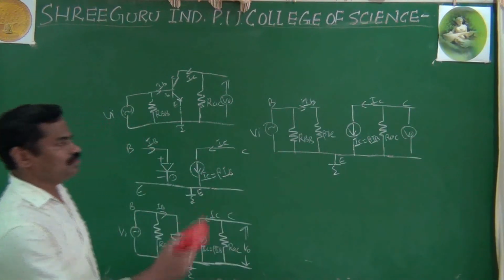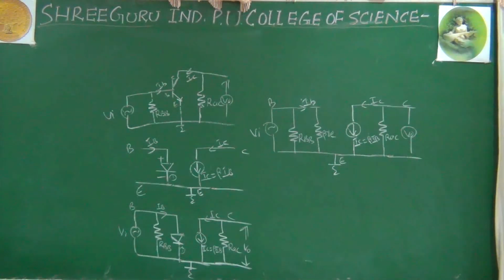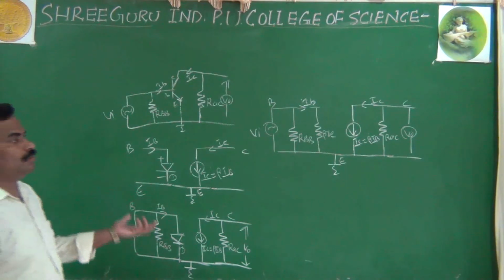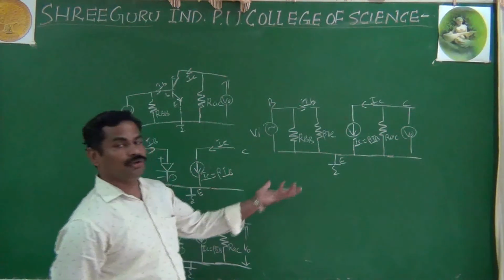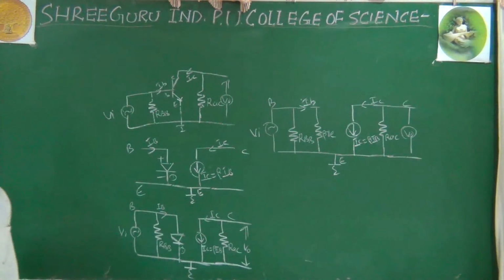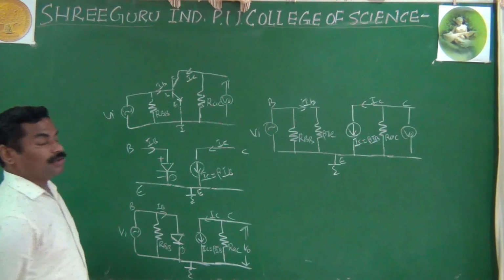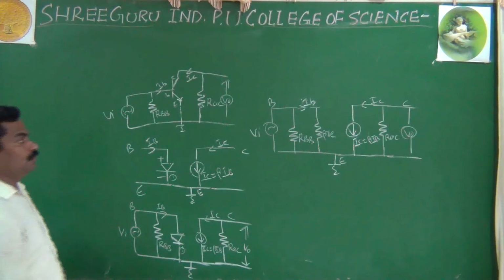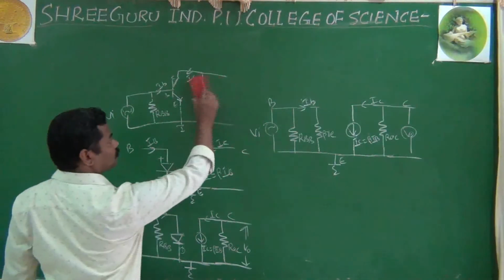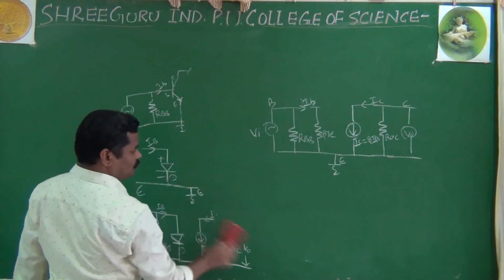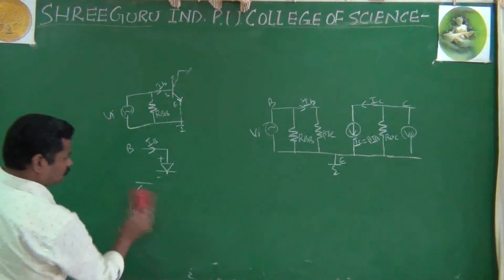Now this is how to simplify the AC equivalent circuit, and now we have to find the most important parameters of your transistor amplifier. Once again, you already have the idea.